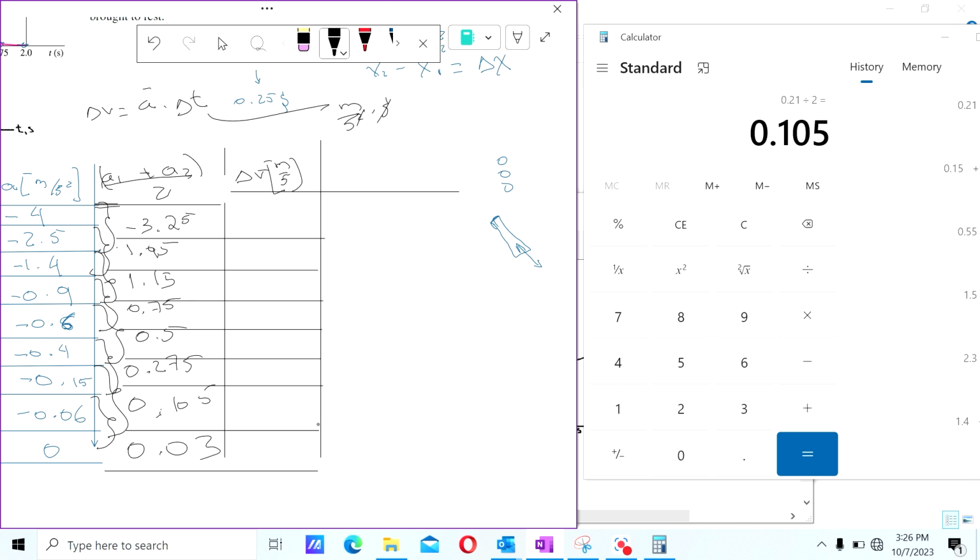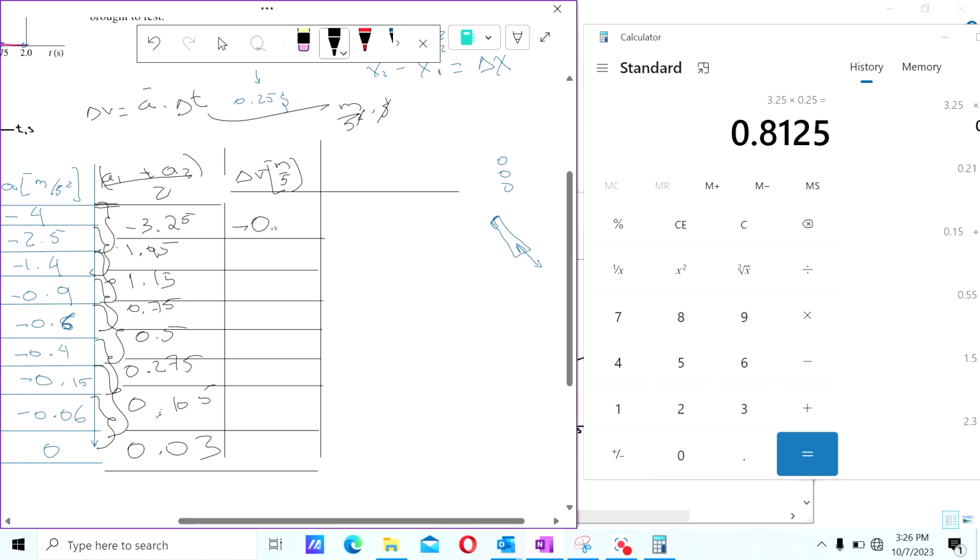All right, so 3.25 times 0.25, which is the delta t. All right, so that is 0.8125, so negative 0.8125.